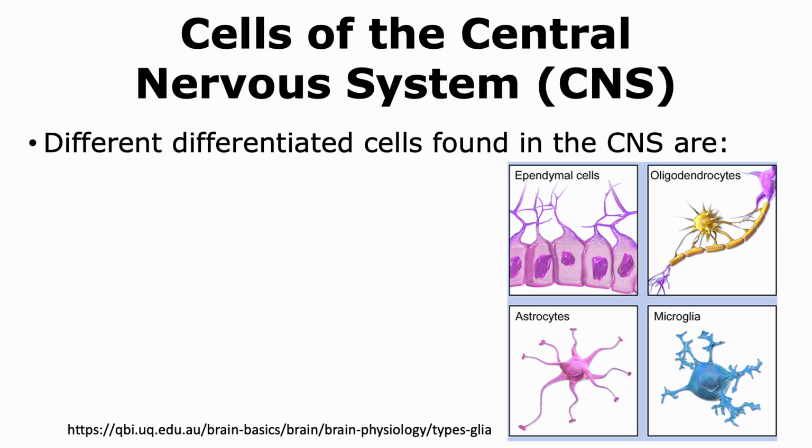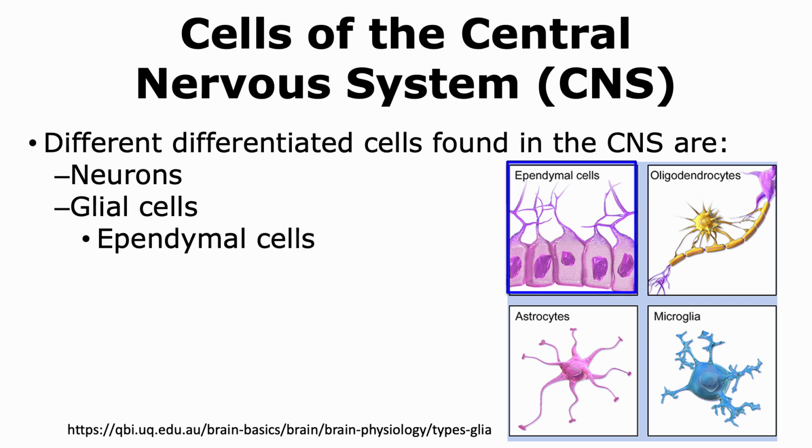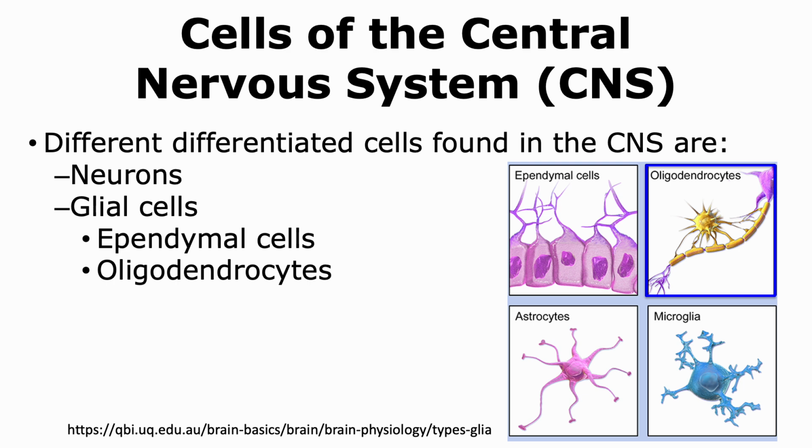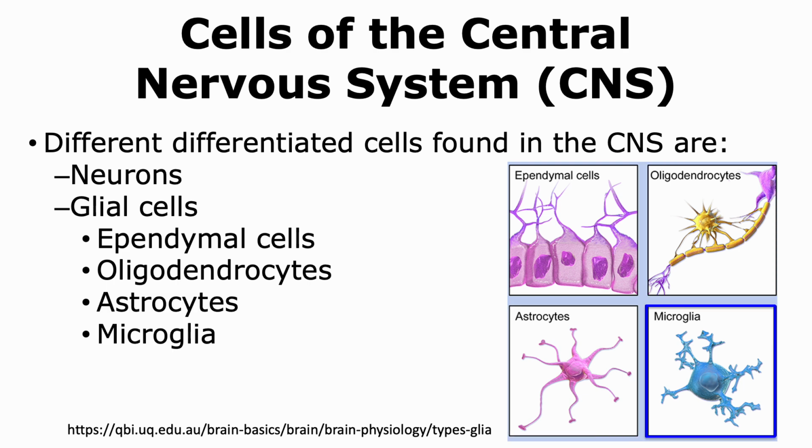The neuroepithelial progenitor cells can undergo differentiation to form the different cells in the central nervous system. Some of the main cells are the neurons and the glial cells. Now, among the glial cells, there are different types like the ependymal cells, the oligodendrocytes, the astrocytes, and the microglia.